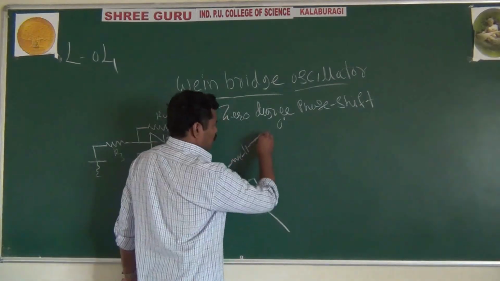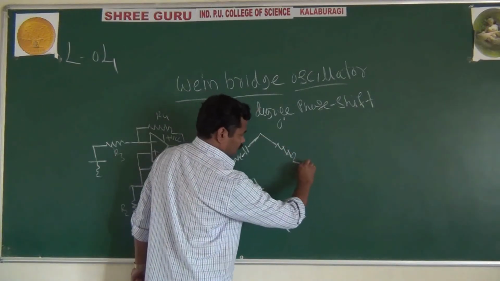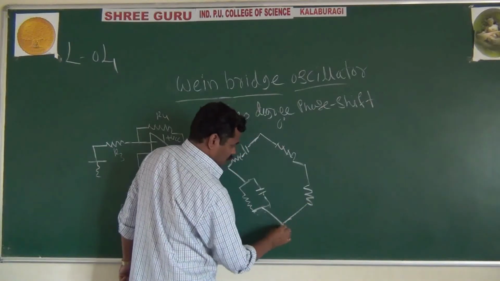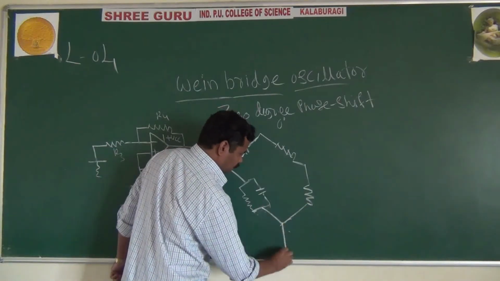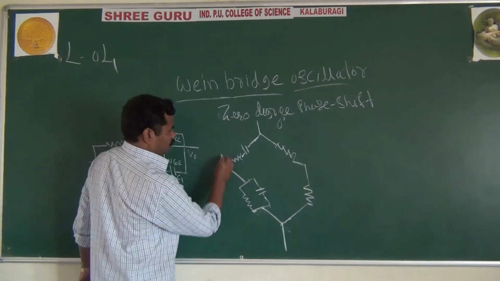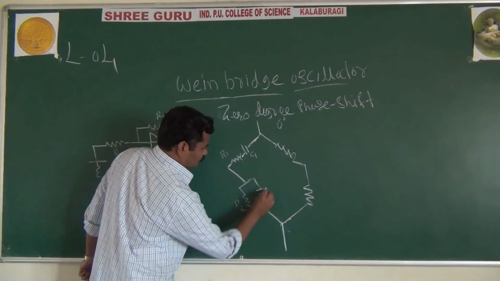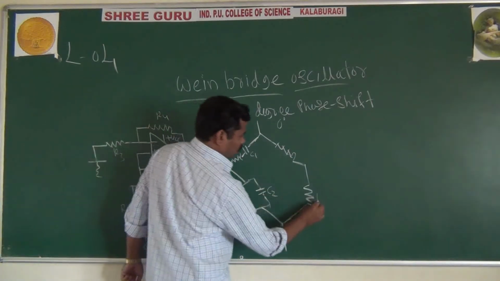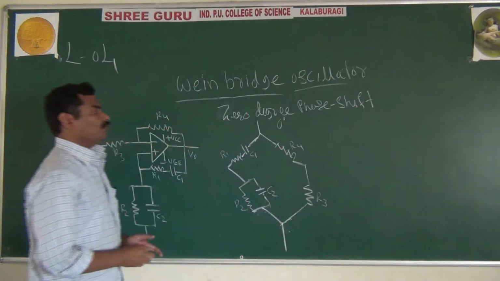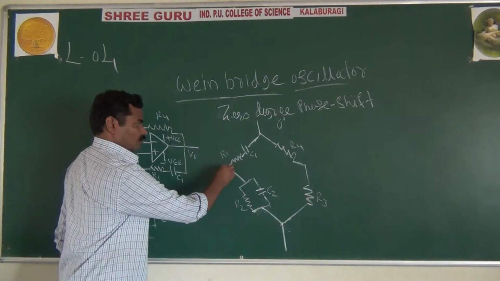This network has R1, C1, R2, C2, R3, and R4. It has 4 arms.